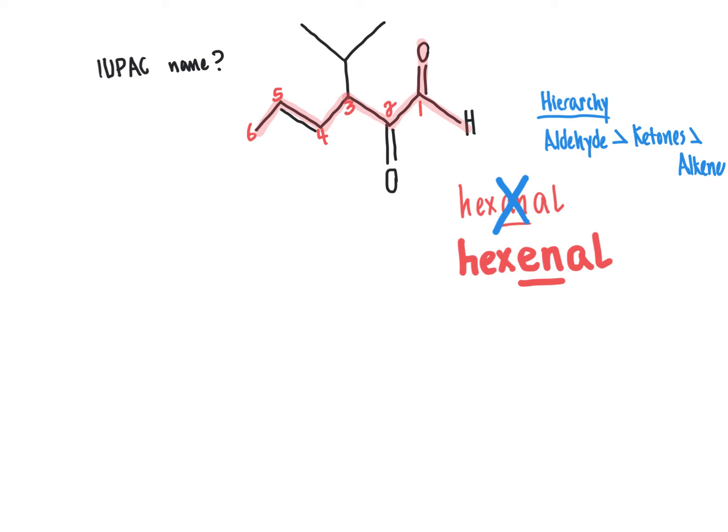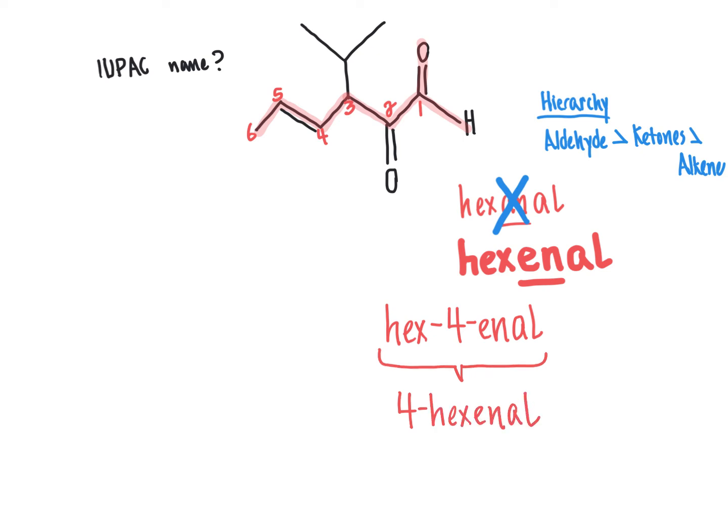So hence, we would refer to the parent name of this molecule as hex-4-ene, designating that the alkene group starts at carbon 4 of our chain, and then "al." And we do not need to specify hex-4-en-1-al because it's implied that the aldehyde group has to be at position 1. An alternative way to specify this would be to call it 4-hexenal, and that 4 has to go with the alkene group.